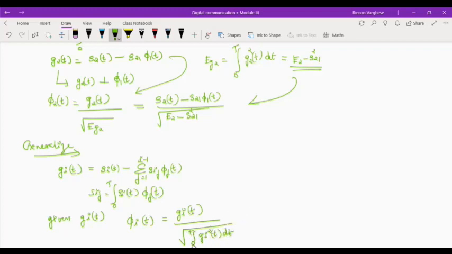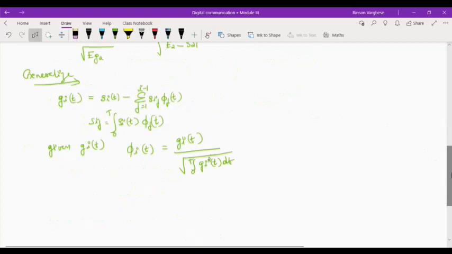This will give you the basis. So you can use this equation for any dimension. This is the Gram-Schmidt orthogonalization procedure.